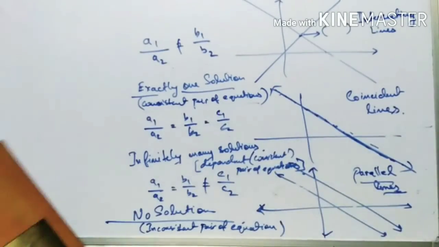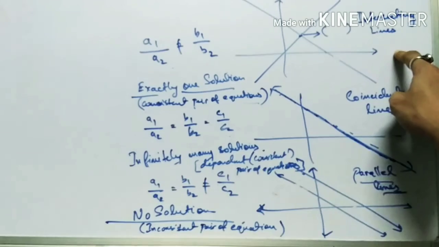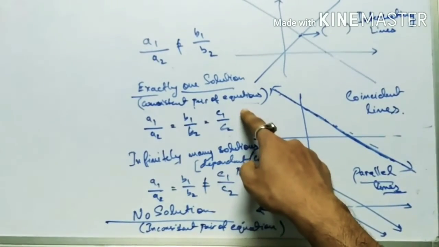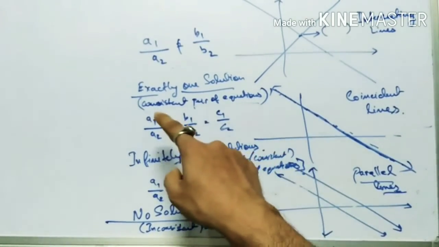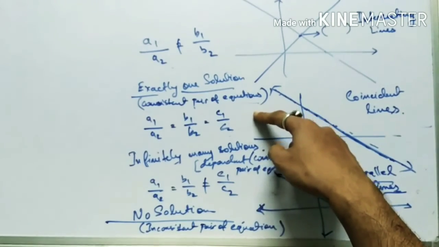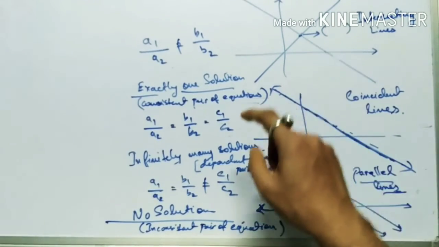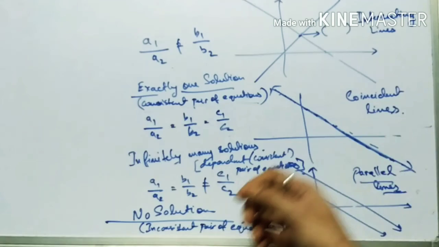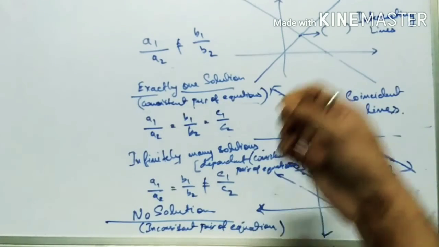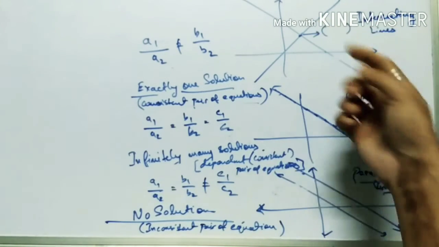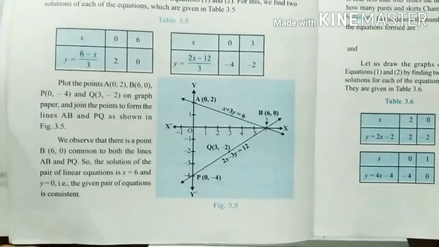So if 2 lines intersect at a point, then they are called what? A consistent pair of equations. So these 2 lines intersect at one point, that means they have a unique solution.